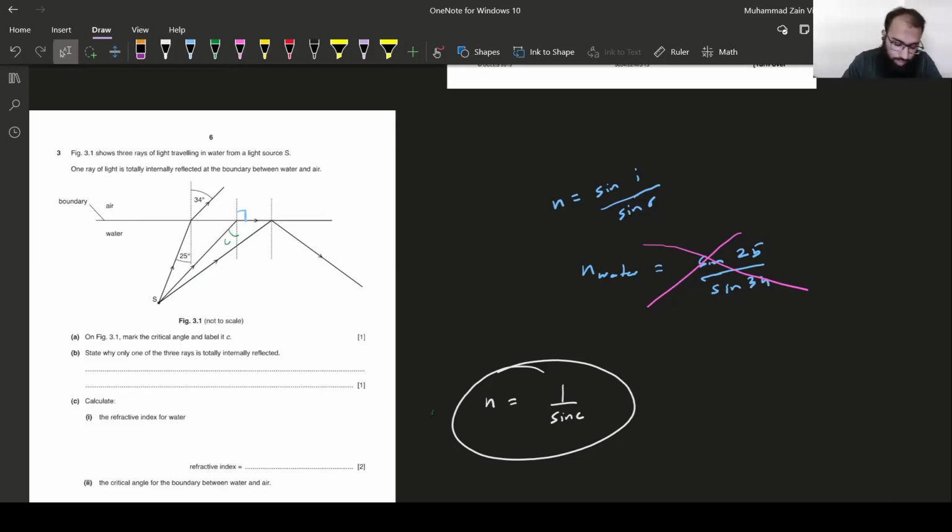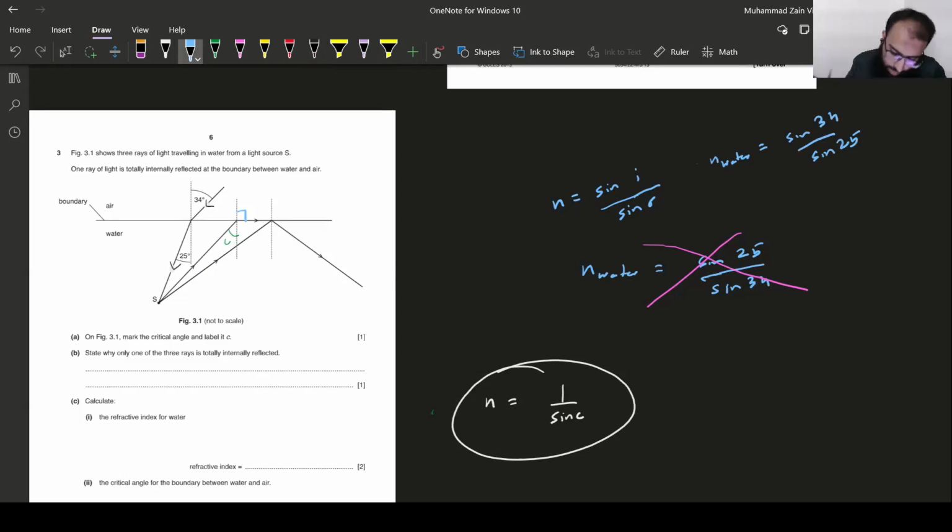So what I do is reverse this ray. I assume that the direction of the ray was as if it's going from air into water. Obviously we know that the angles would remain the same. So I assume it's happening something like this. Now n of water should be equal to sine 34 divided by sine 25.